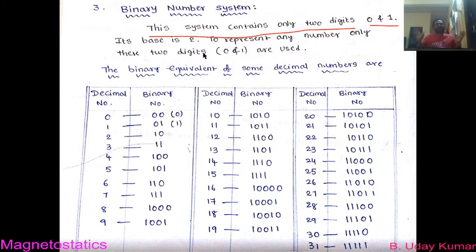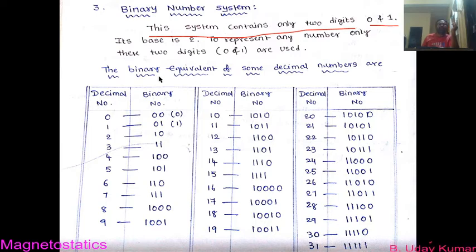So whatever the number, for example 99 in the decimal system, that 99 is also represented only in terms of zeros and ones when written in binary. Whatever the number, it is only represented in terms of two digits, 0 and 1. This is called the binary number system.